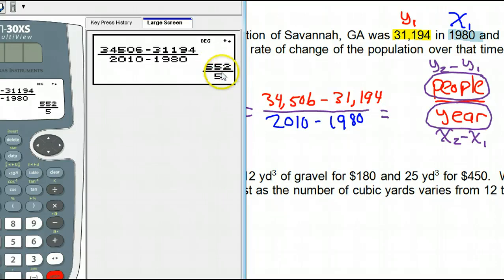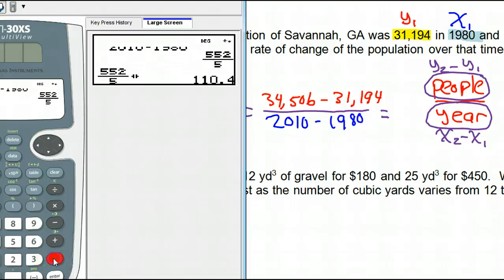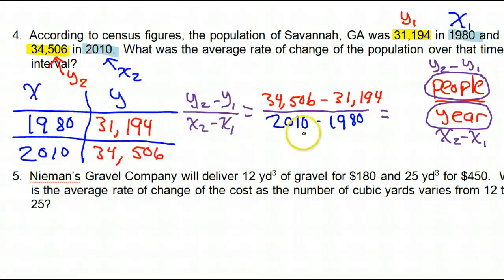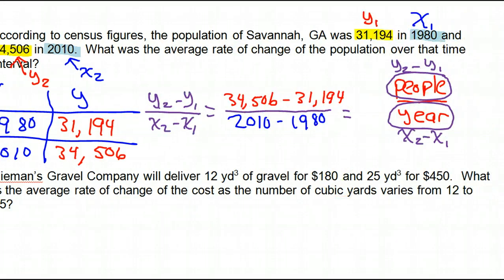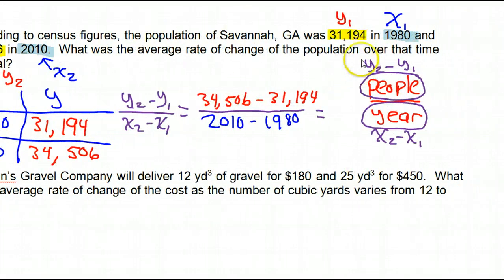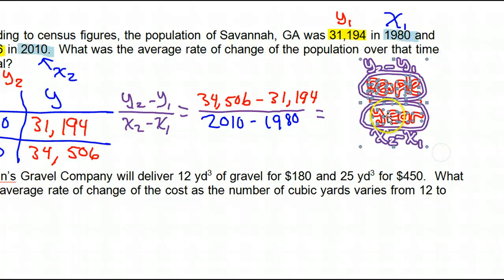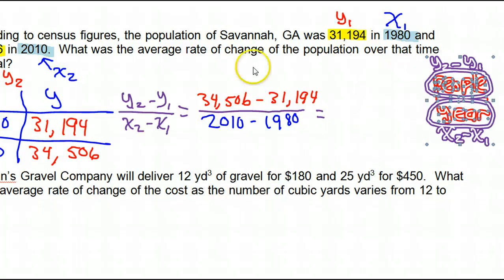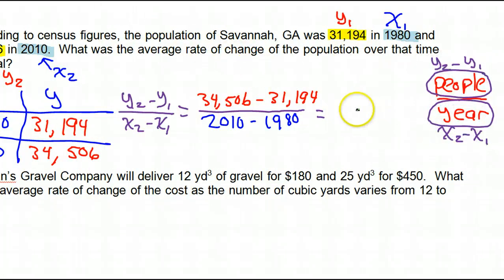But we don't want to leave it as a fraction like that. For a word problem, you're pretty much always going to go to the decimal, because we want to know how many people per year it is. So it's 110.4 people per year. Now obviously you can't have 0.4 people.